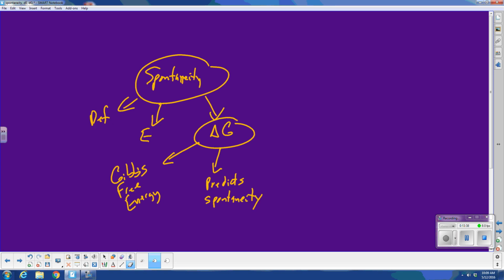All right. Now, you'll get into this in more detail at some other point. You know, delta G is equal to delta H minus T delta S, my change in enthalpy minus the temperature times my change in entropy. But what is really nice is that if we are at standard conditions, so if we're talking about delta G°, we can calculate delta G° using tables.